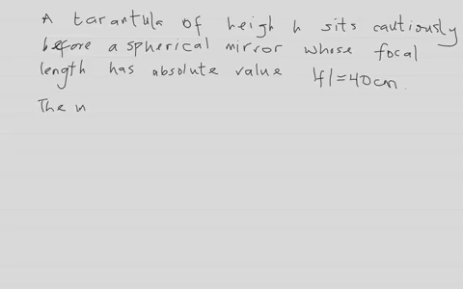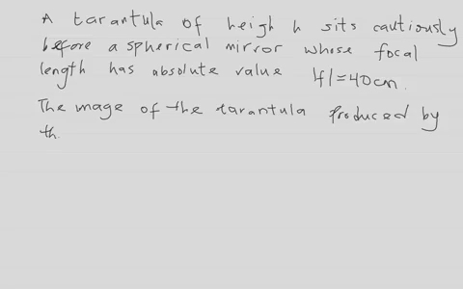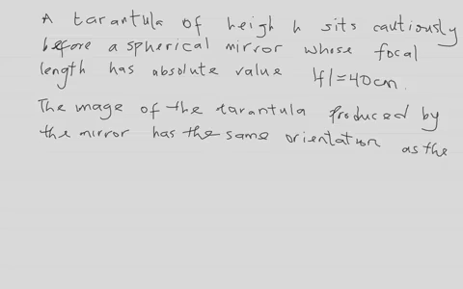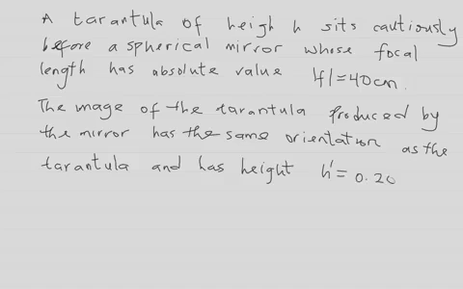Now the image of the tarantula produced by the mirror has the same orientation as the tarantula, and its height is A prime equals 0.208.